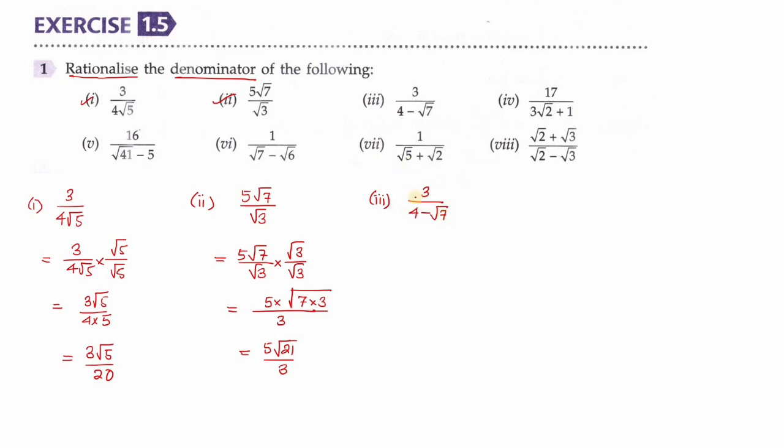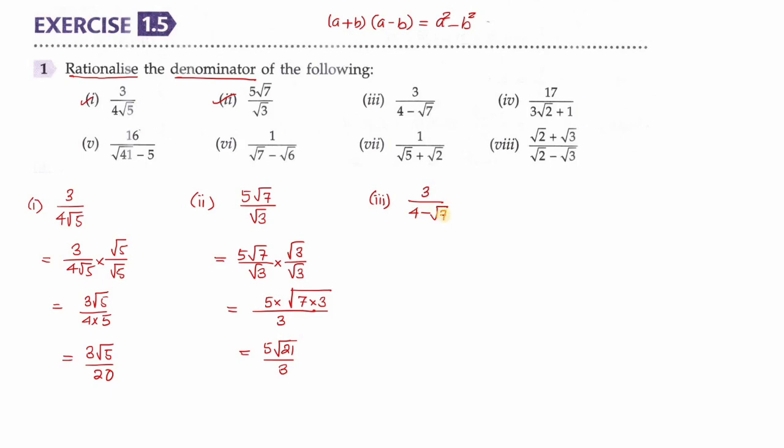In such a case you will be using the formula a plus b into a minus b is equal to a square minus b square, as you all are aware. Now you see this is your a minus b, because there is a minus here. So you have to multiply this time by a plus b.